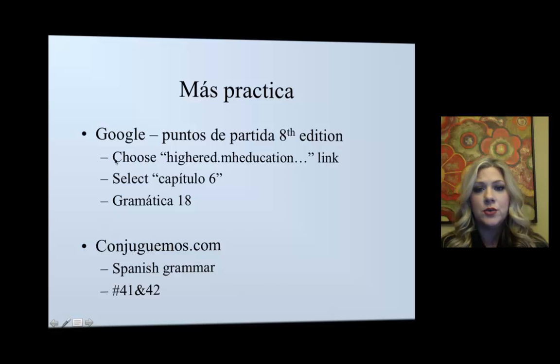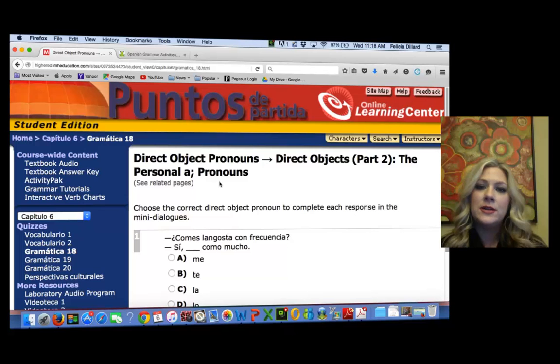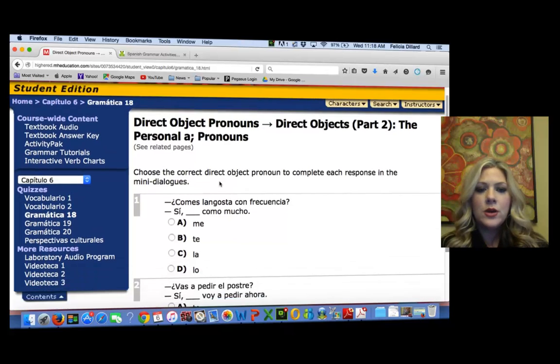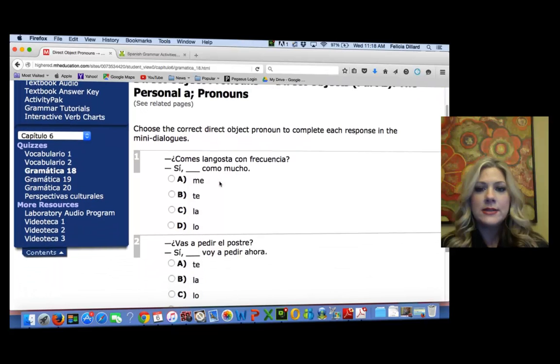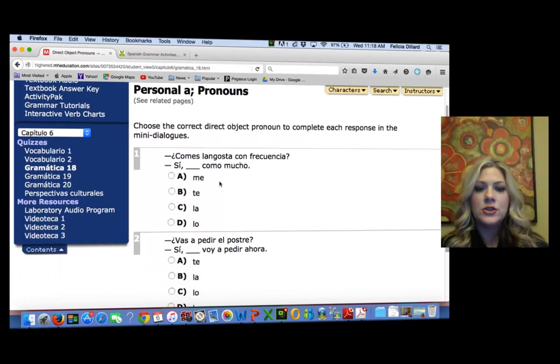Both of these are very good resources for you to use this semester. Go to conjuguemos.com, select Spanish grammar, and you can practice with numbers 41 and 42. For the Puntos de Partida page, you might want to pause this and try to answer the questions on your own, and then play it when you're ready for my feedback.